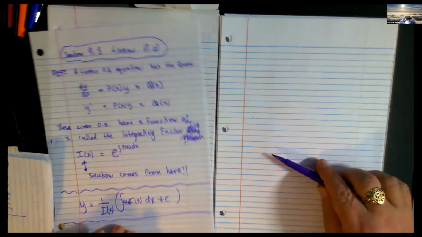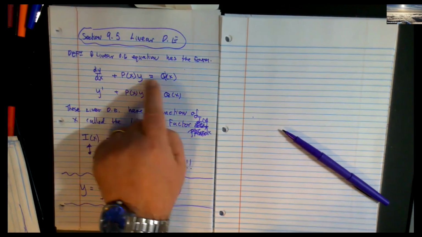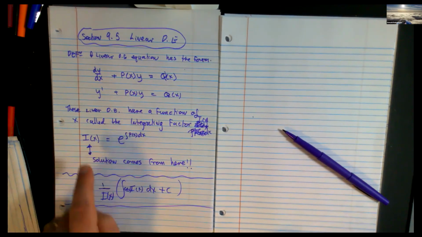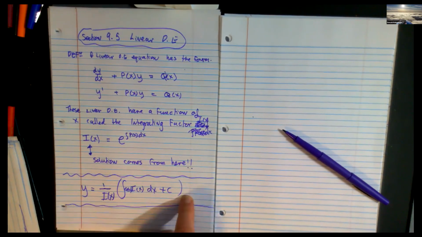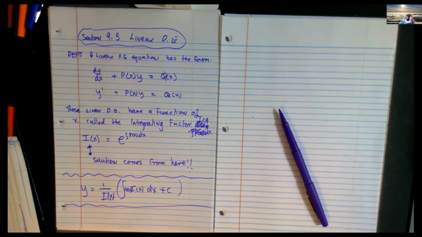So essentially what we're going to do is find who P is and who Q is. That will allow us to get the integrating factor. Once we know this, we plug and chug it into this formula. And if all works out, it should actually be a nice integral.